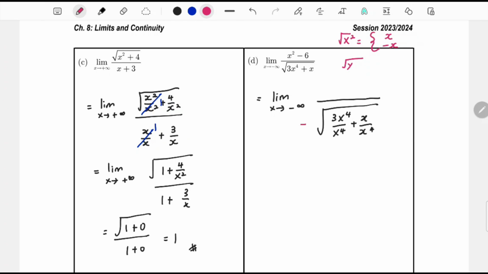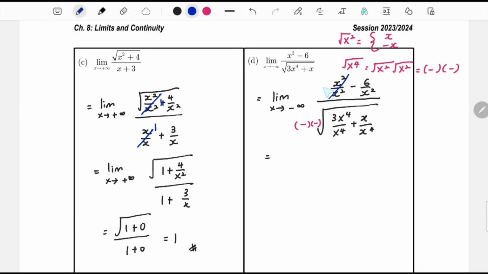But this time we have the root of x to the power 4. So when we split it, it's going to be the root of x squared times the root of x squared. For the negative part, it's going to be negative, negative, so we have two negatives over here. Outside of the root, x to the power 4 becomes x squared.